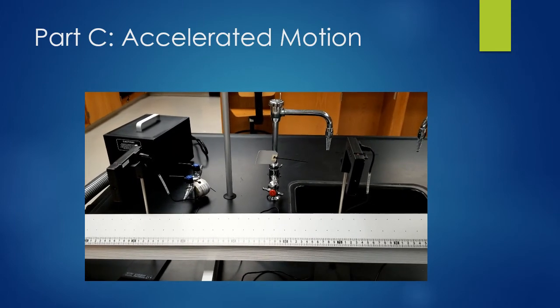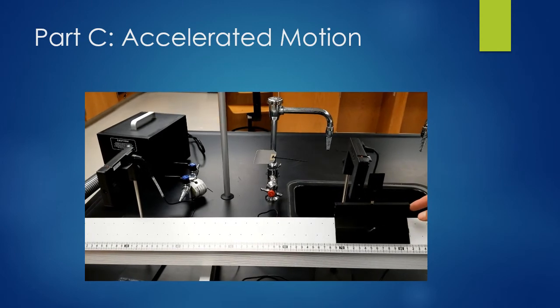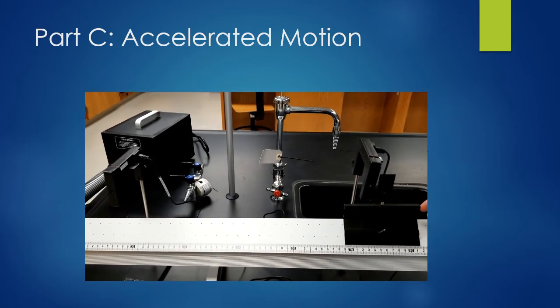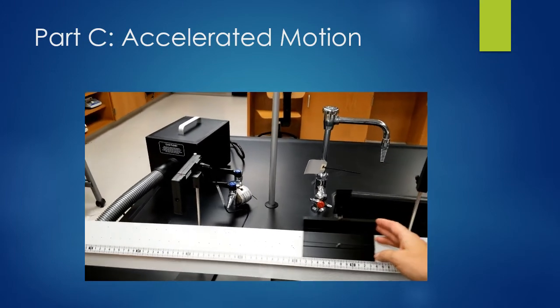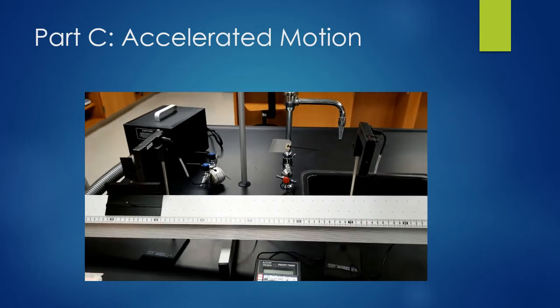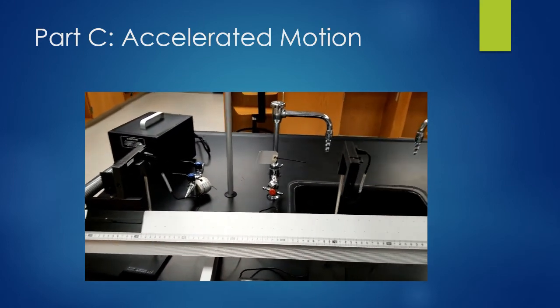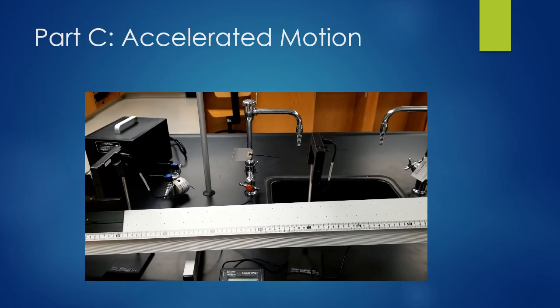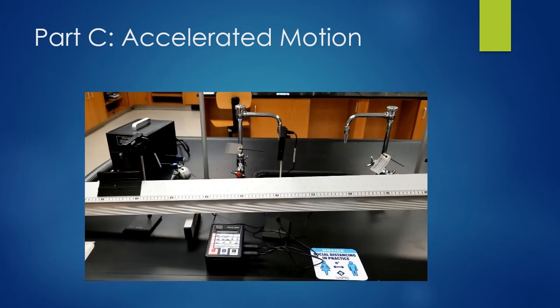Then turn on the air to allow the glider to slide down the incline at an accelerated motion. When it goes through the first photo gate, the timer will start. When it goes through the second photo gate, the timer will stop, giving us the time for that distance. We will then repeat it by moving one of the photo gates to a longer distance. And that's how we're collecting the data for part C.